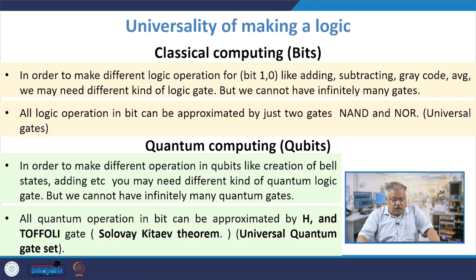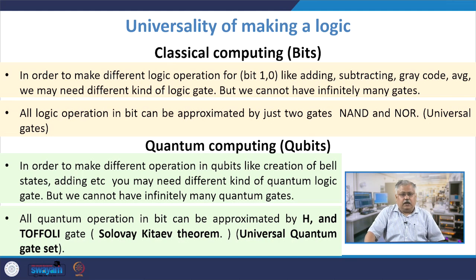However, when you talk of quantum computing, in order to perform different operations like creation of various states, you may require different kinds of quantum logic gates, and similarly we cannot have indefinitely larger quantum states.